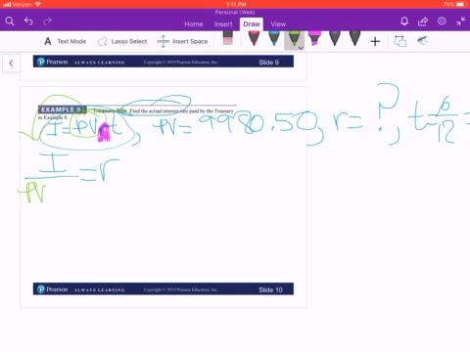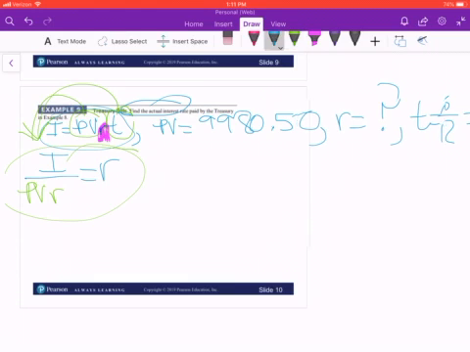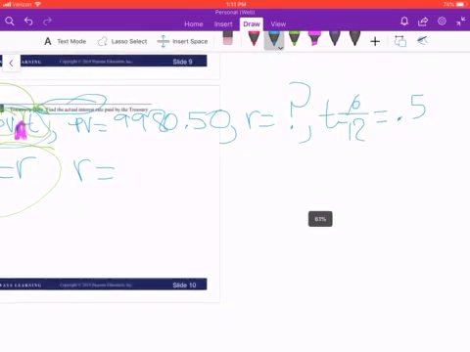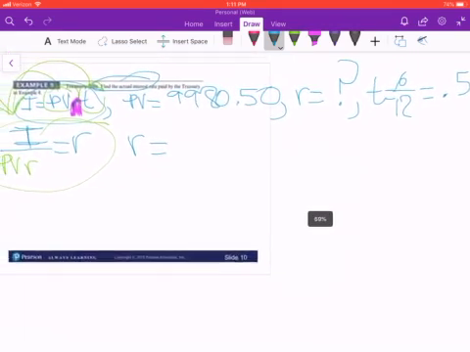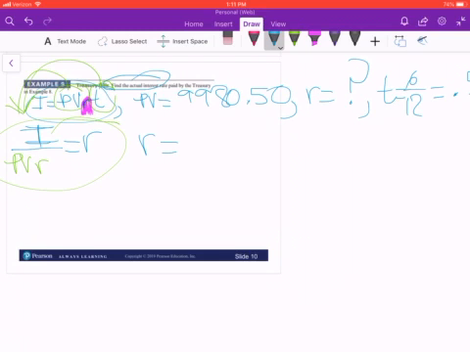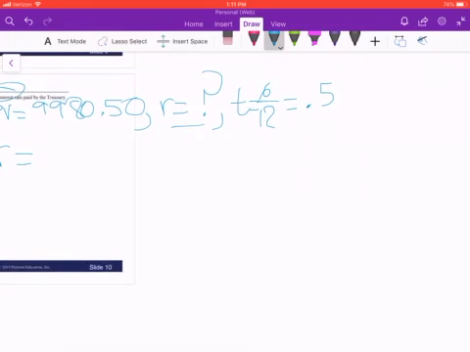And also T is multiplying to the R, so it will go across and be dividing. So now with this formula here, feel free to use it when you're doing your homework. The rate will equal the interest. I forgot to write down here the interest, or the discounted price.